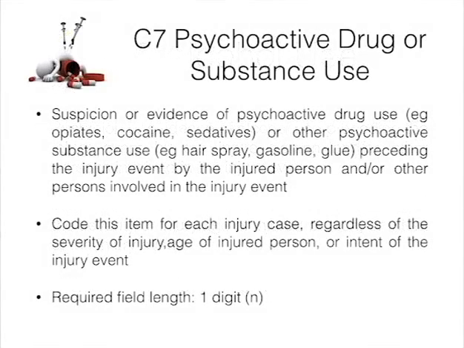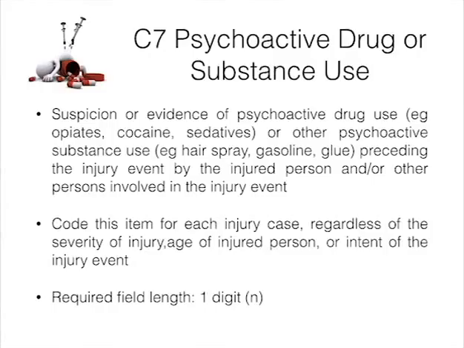Psychoactive drug use is defined as suspicion or evidence of psychoactive drug use, for example, use of opiates, cocaine, amphetamines, cannabinoids, sedatives, or hypnotics, or other psychoactive substance use, such as hairspray, gasoline, glue, preceding the injury event by the injured person and/or other persons involved in the injury event.